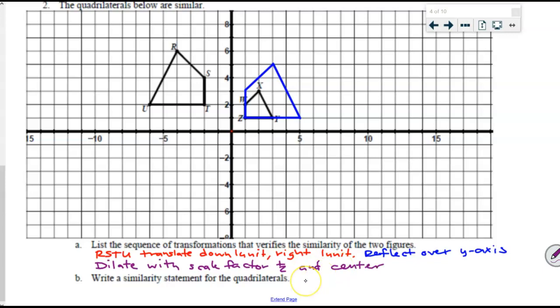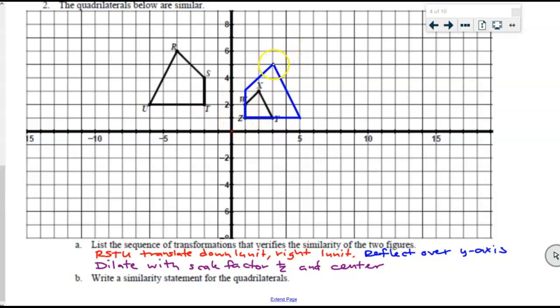How can we find the center of this dilation? Sam? Yeah, since it is lined up, you can see that.